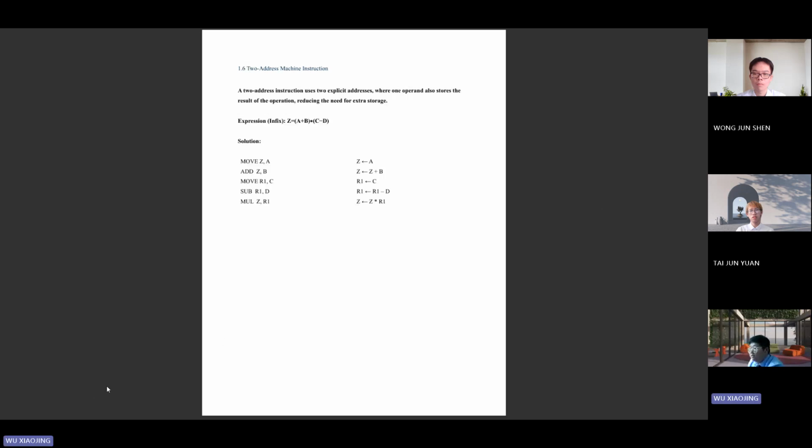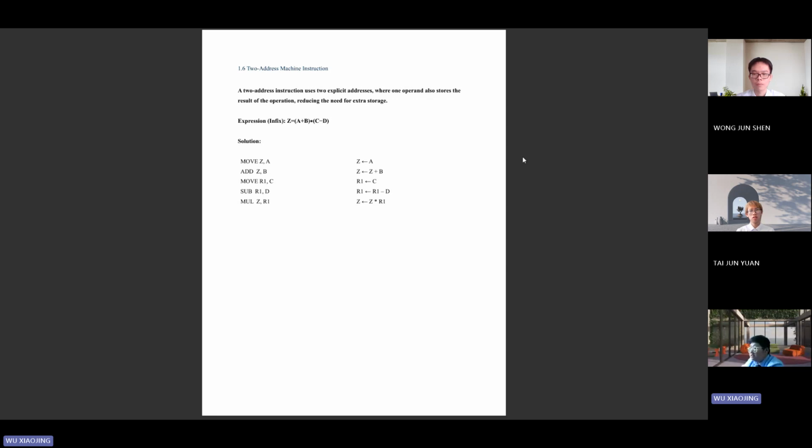Okay, for the next part, two address machine instruction. Here, each instruction has two parts: one source and one destination. The trick is that the destination also stores the result, which overrides the old data.